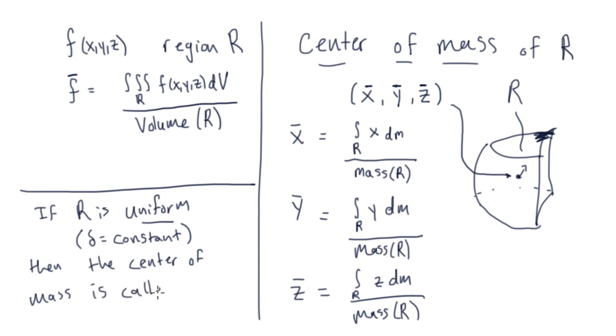It is called the centroid. So that's kind of a cool word, centroid. When you see the word centroid, it just means center of mass, in the case that over my region, whether that's a volume region or an area region, the density is constant.